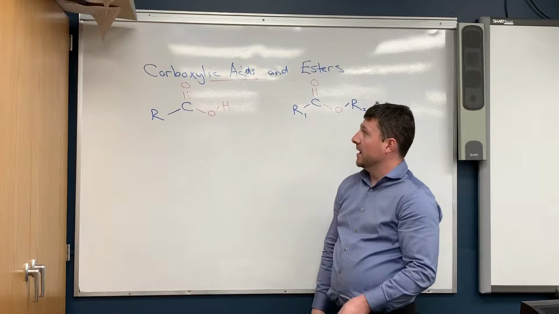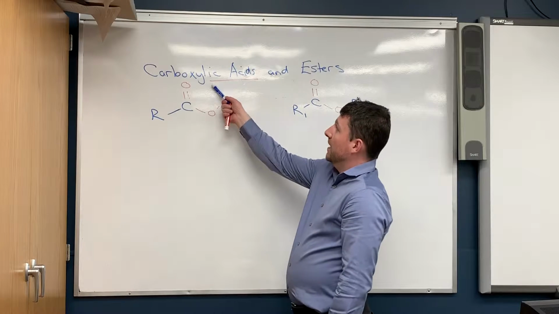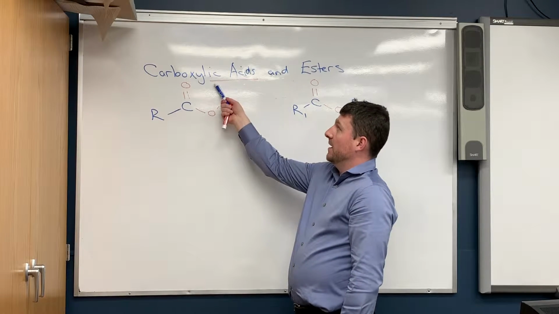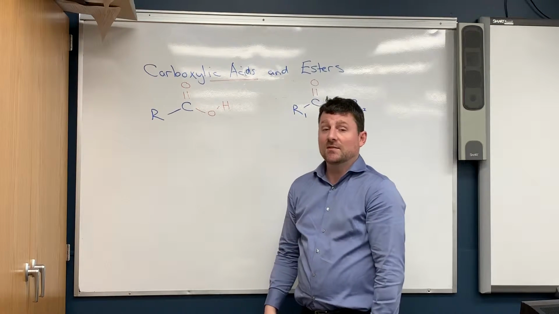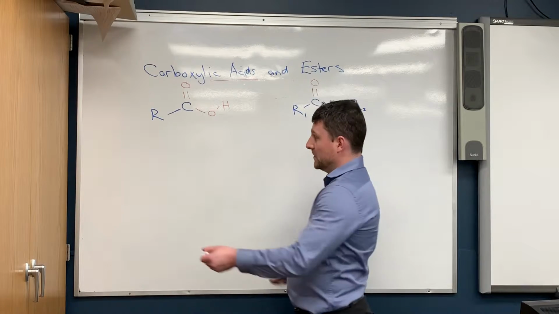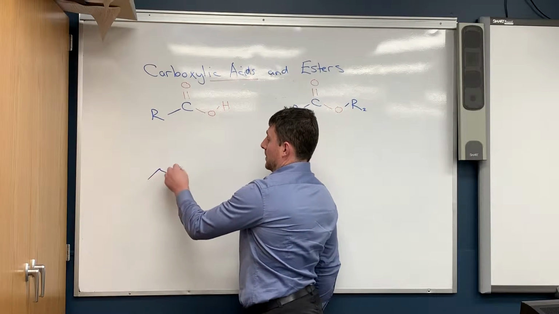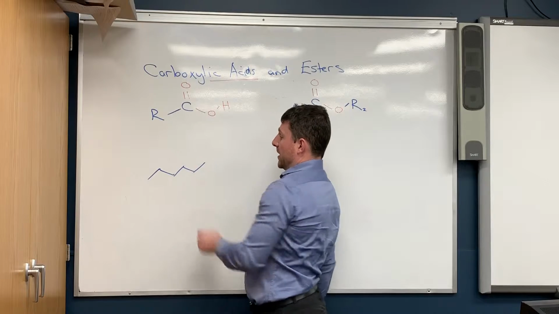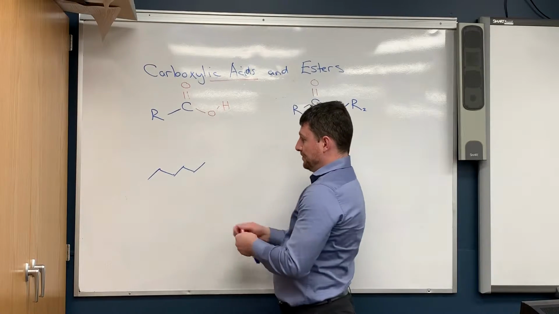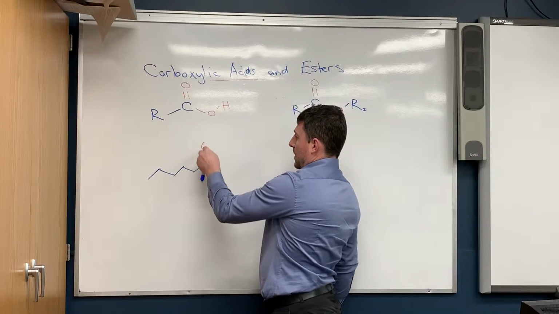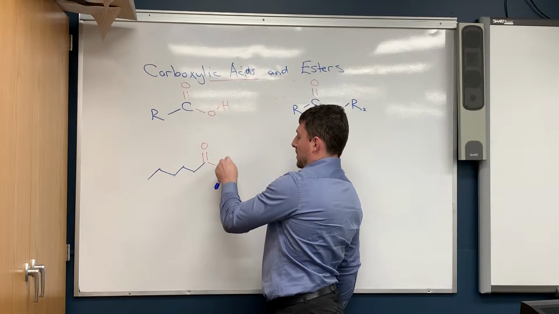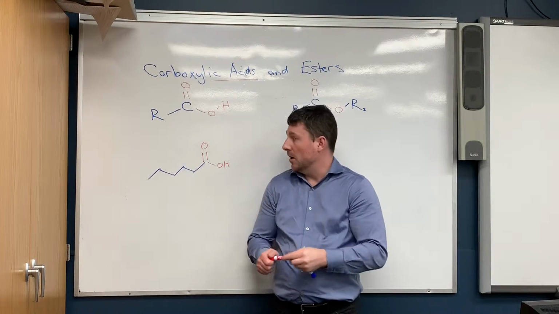So now we can look at how we name these. Carboxylic acids are going to have the ending ic acid as the ending of the main chain. So I can start drawing my carbon chain, and I'll put in OOH.